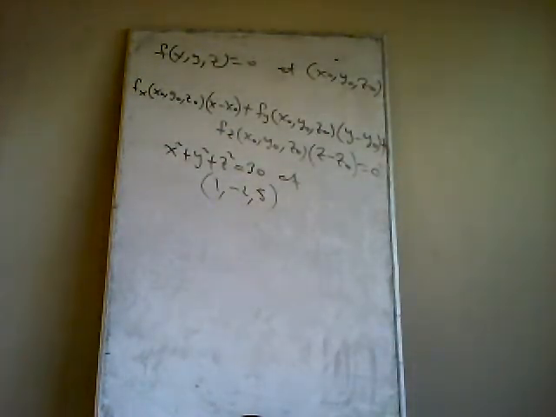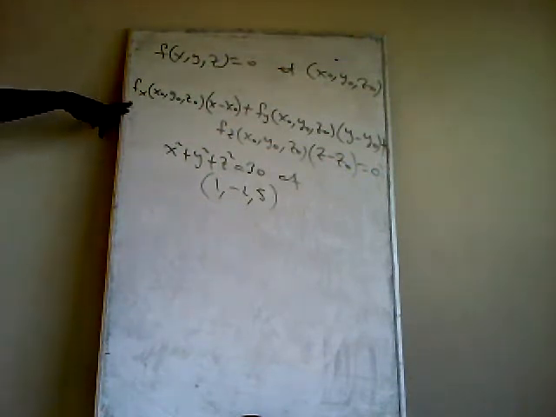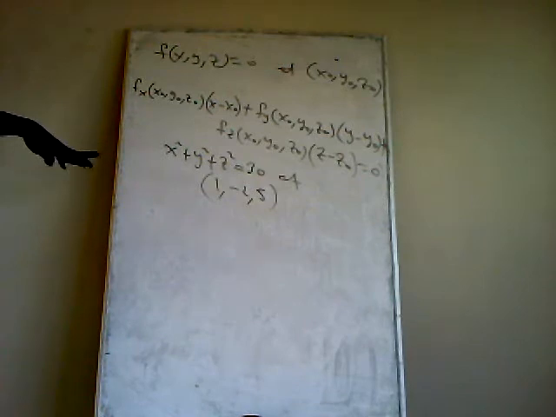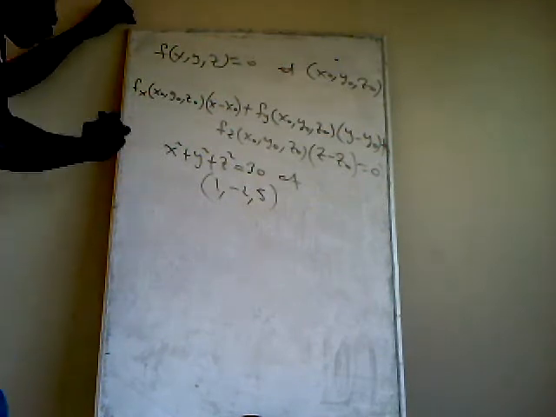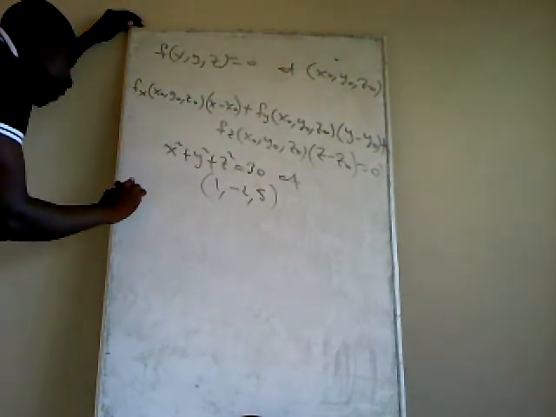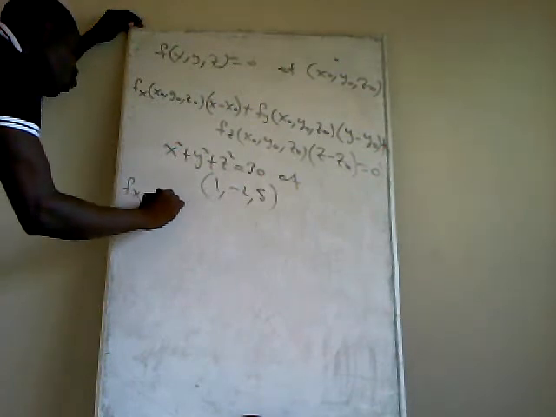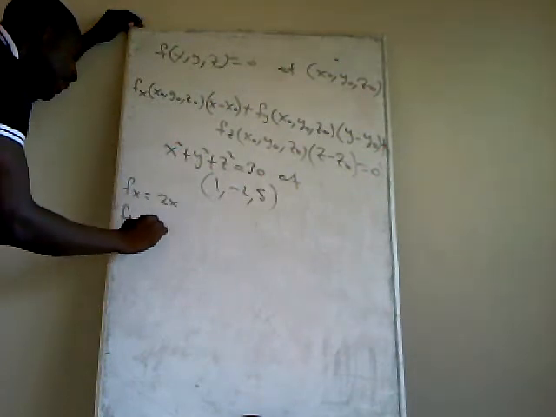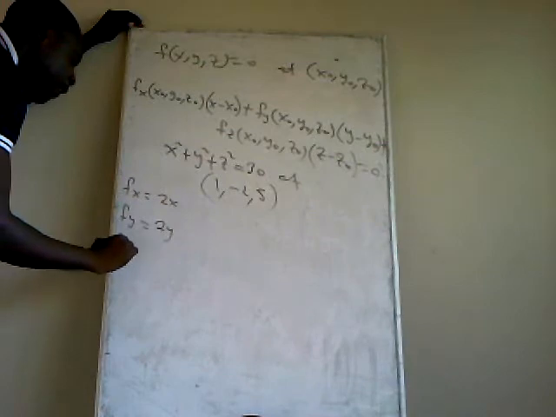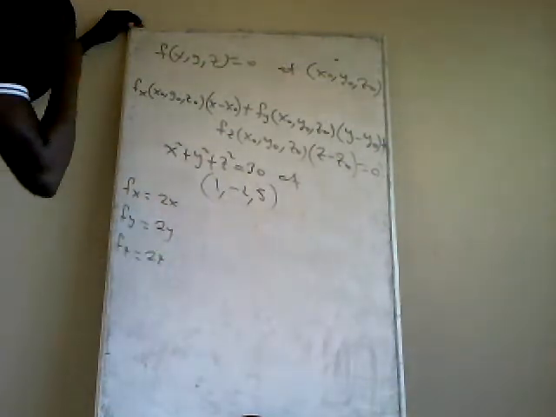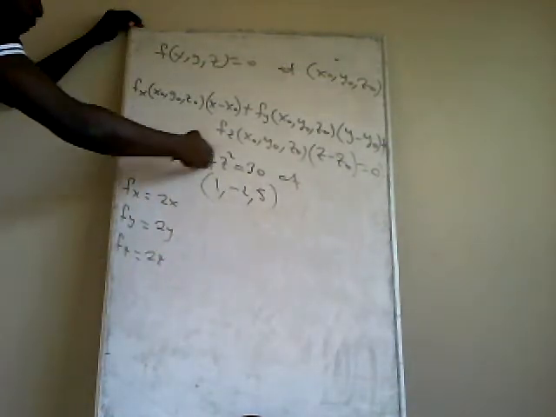So now we need fx, fy, and fz, right? From that, fx is 2x, fy is 2y, and fz is 2z. I hope you can see this when we differentiate the function.